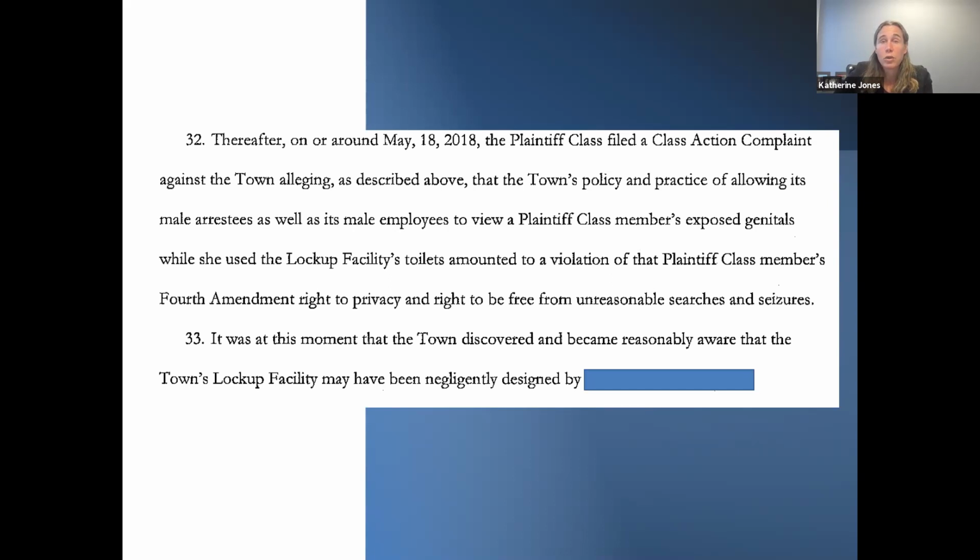Is somebody that you could harm by allegedly negligently designing a toilet facility in a prison? And then the other issue is the standard of care: are you acting as a reasonably prudent architect in this municipality would have acted? Should you have known that the Fourth Amendment attaches greater rights to arrestees prior to them being arraigned?